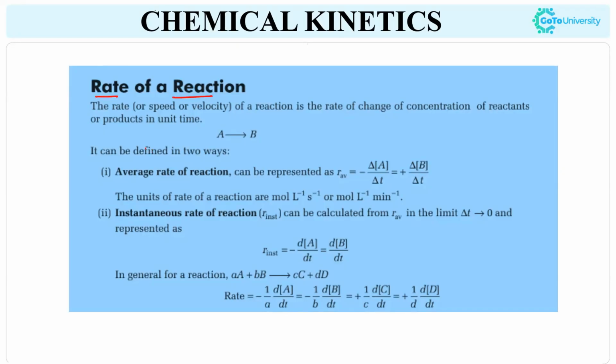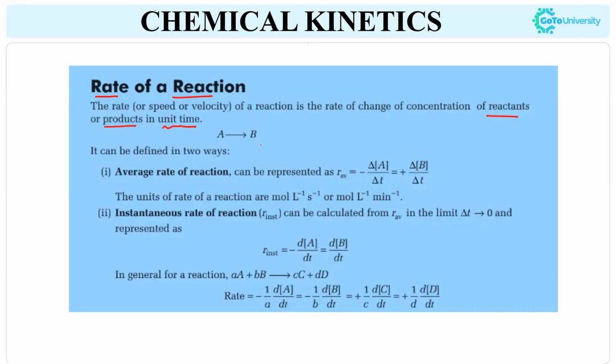We can define the rate in terms of the concentration of both reactants and products. As time increases, the concentration of the reactant decreases because it is converted into products, and the concentration of the products increases. So the rate is the change in concentration of the reactants or the products with respect to time.